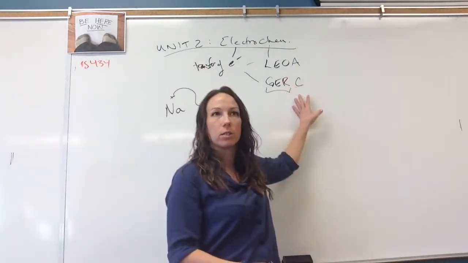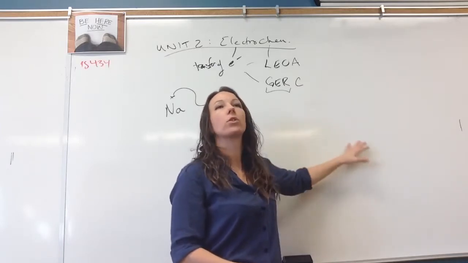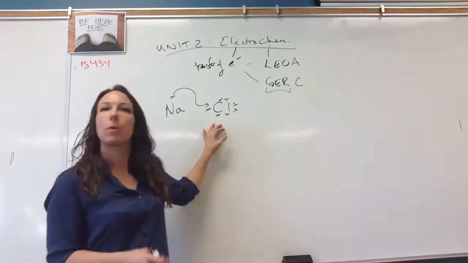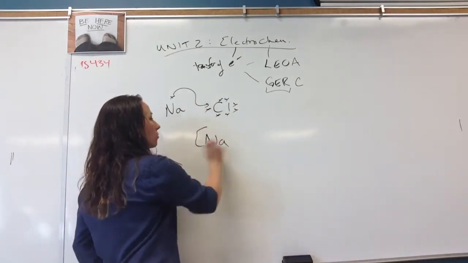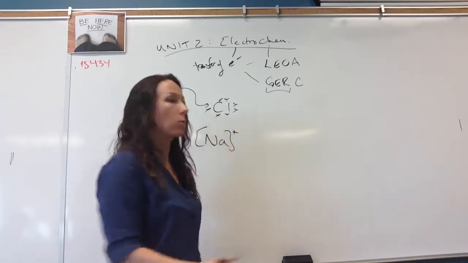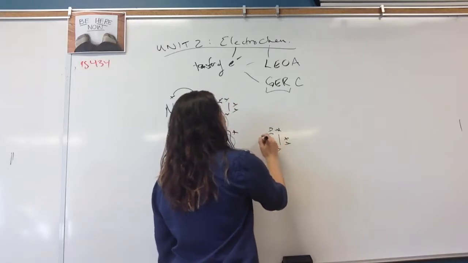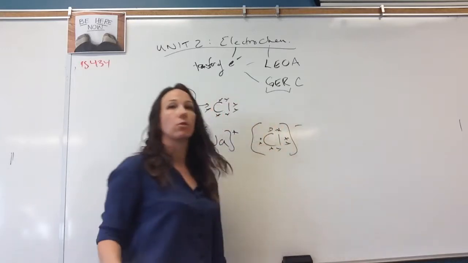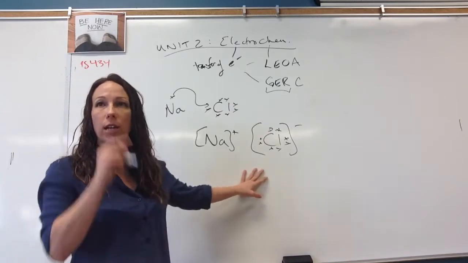A spontaneous reaction happens because they become more stable. This would happen spontaneously because sodium, without that electron, has a +1 charge, and chlorine now becomes chloride with the extra electron. Now we've got just table salt, more stable, full valence shells.